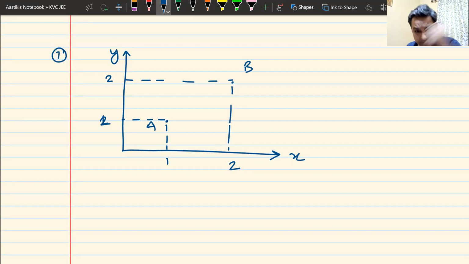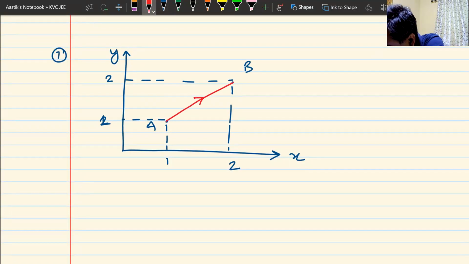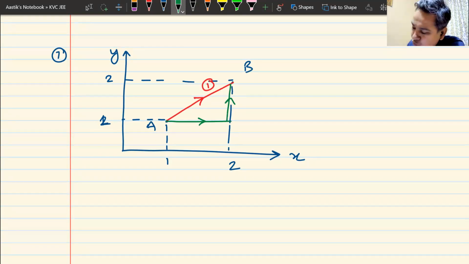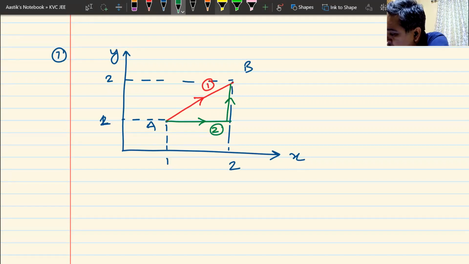Now, one force is going to take this particle along 3 different paths. This is path number 1. This is path number 2. And this is path number 3. The black one is path number 3.